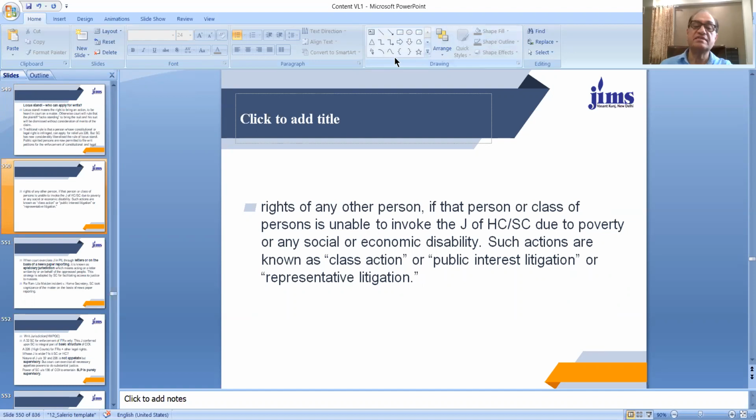Such actions are known as class action litigation, public interest litigation or representative litigation, where the court has relaxed the rule of locus standi.